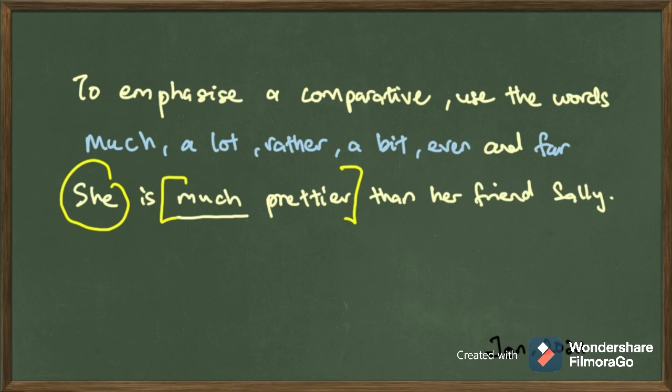We use the word much followed by the adjective. This is how you want to emphasize. Emphasize means tekankan. There are many other examples that you can ask your teacher to explain further in class.